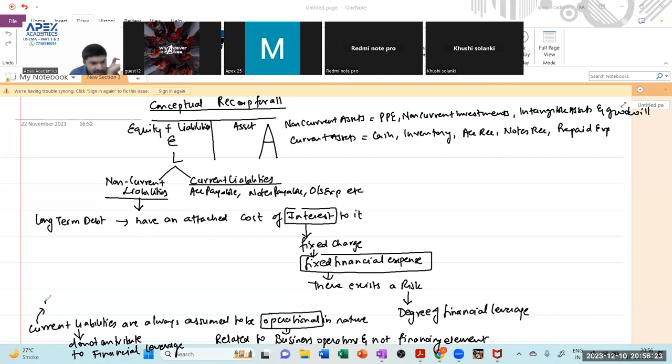Current liabilities are not a source of financing. They are related to only and only the business operations.